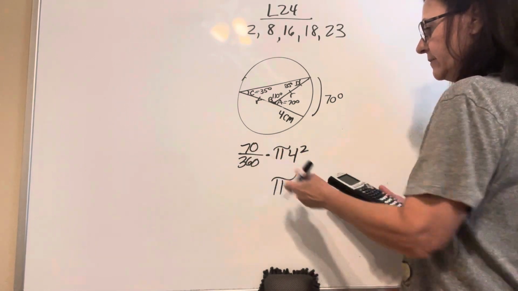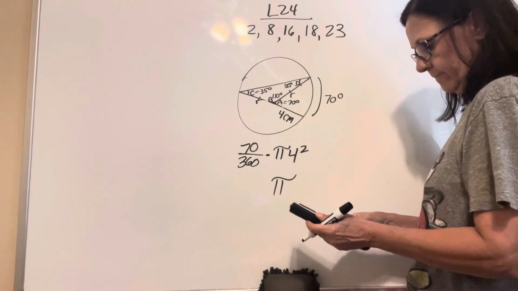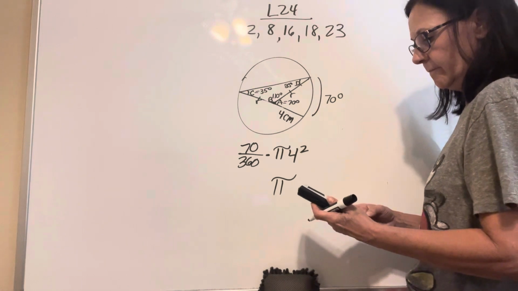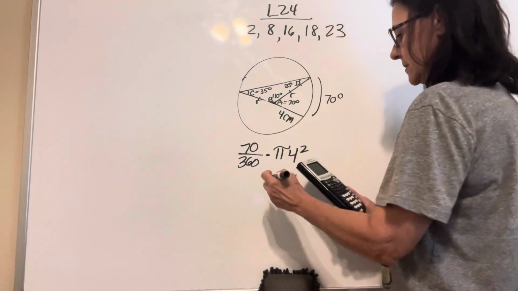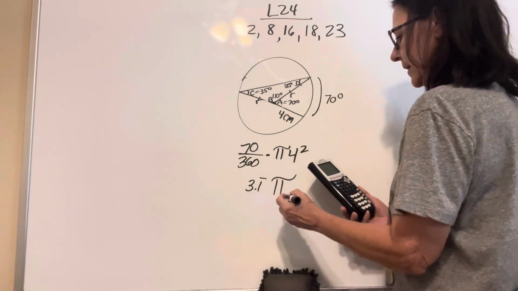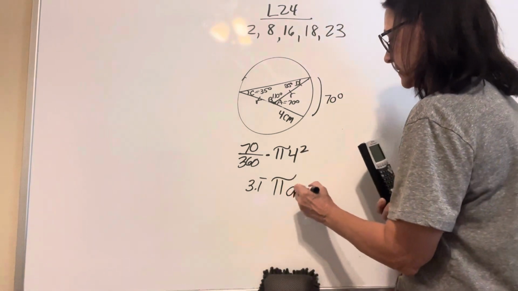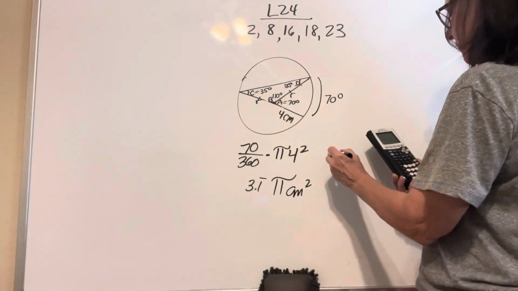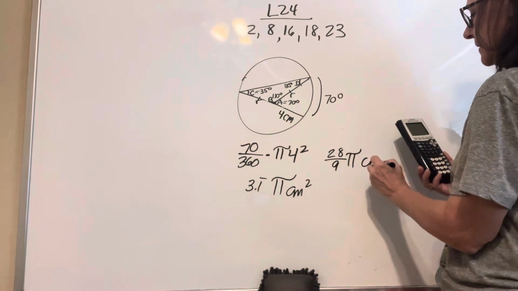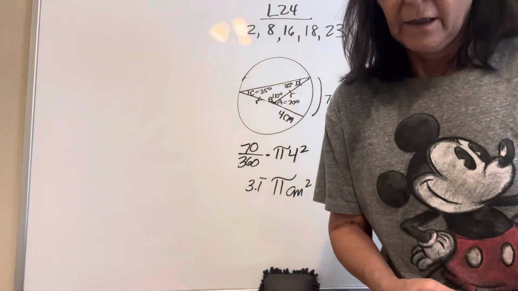And we'll just do 70 divided by 360 times 16, which is either 3.1 repeating pi centimeters squared. A better way to write that would be 28.9 pi centimeters squared. This is a more exact solution.